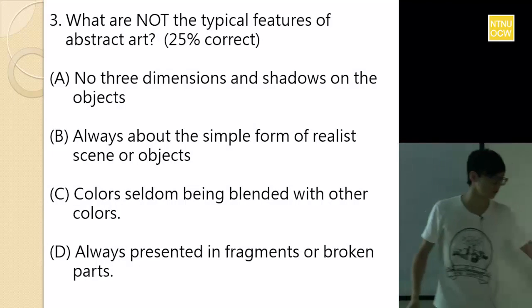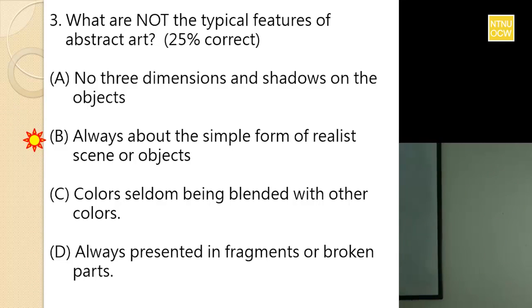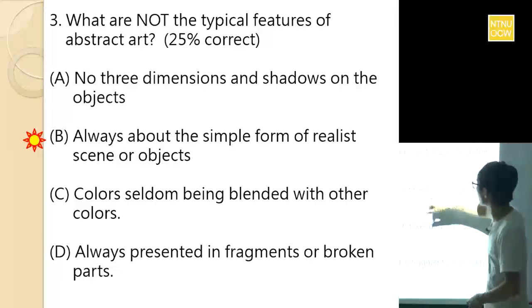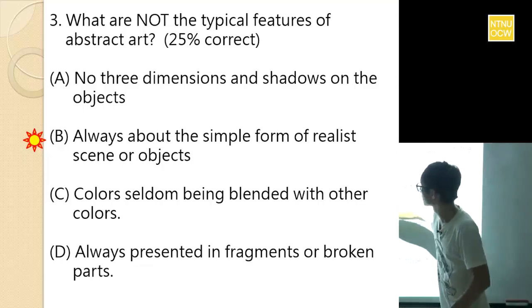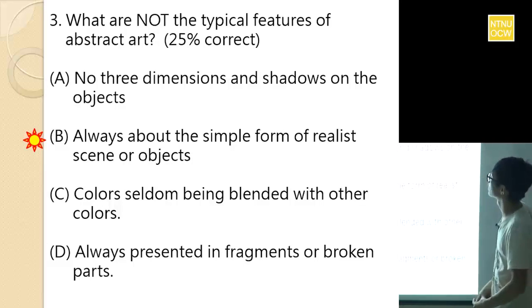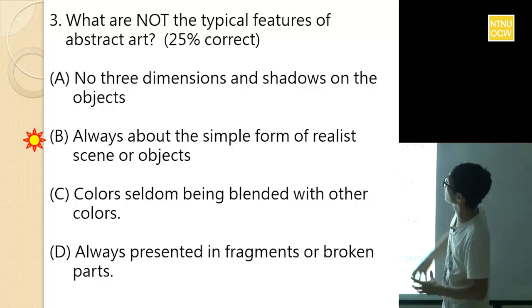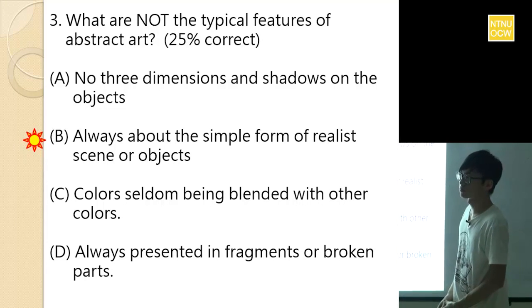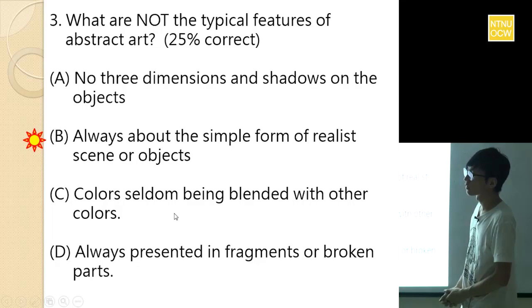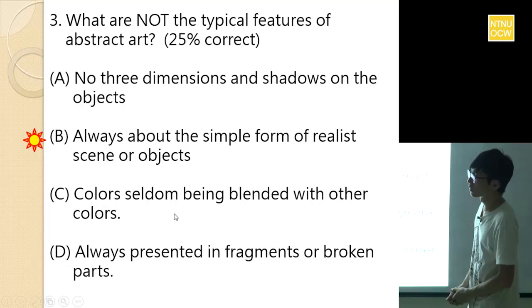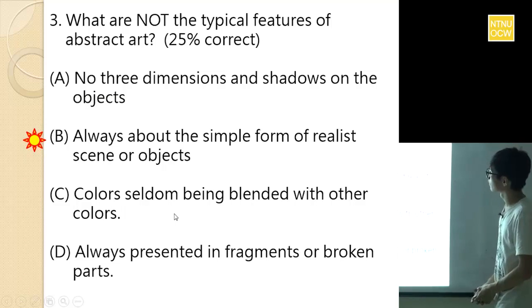The correct answer was B: always about the simple form of a realistic scene or object. It is not a typical feature. Type is the category, but when it becomes an adjective, it is typical. Typical features of abstract art.